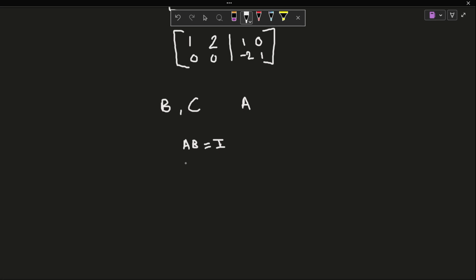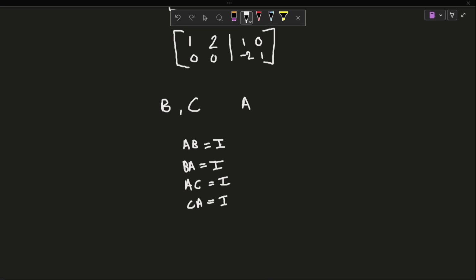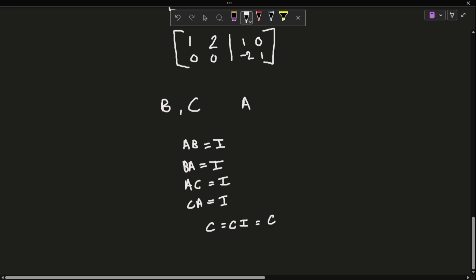Since it's commutative, BA equals the identity matrix, AC equals the identity matrix, and CA equals the identity matrix. So suppose C equals C times the identity matrix, since that's just identity. But we know that the identity matrix equals AB, right?